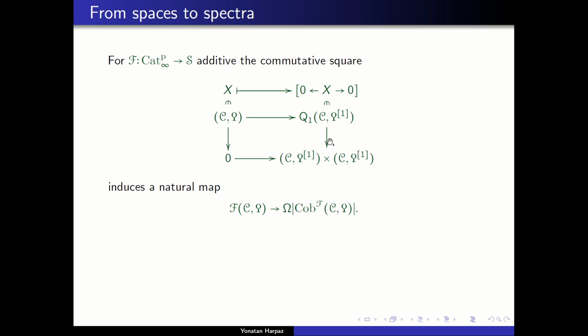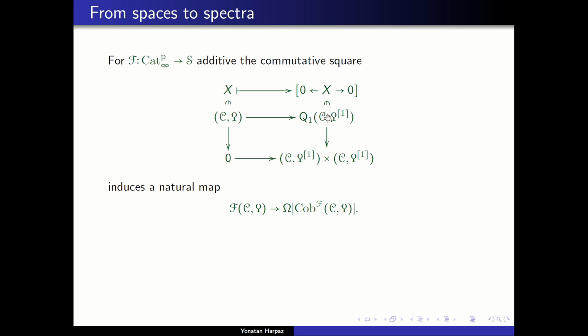And here we have the functor that is given by collecting the two face maps. This functor sends a span to its source and target. And the fiber of this functor are those spans which go from 0 to 0. And this fiber is clearly just equivalent to C itself.